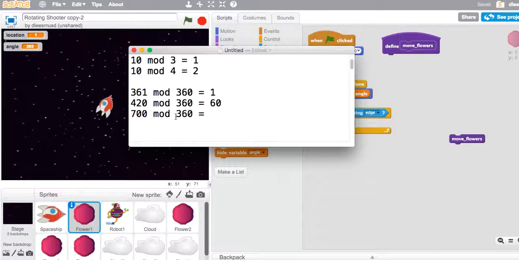So what is this? Is this going to be a big number? Yeah, this is going to be a big number. So let's do 40 and 340. Right, so that's the angle that this would be, because you take 700, subtract 360 from it, and you're left with 340. And so that's what we're going to be doing here.